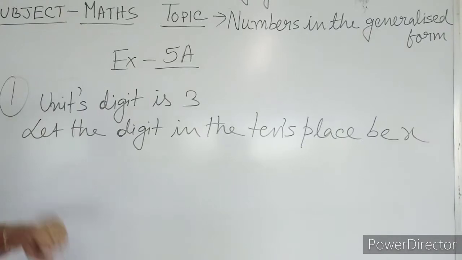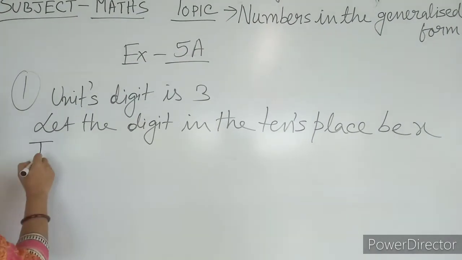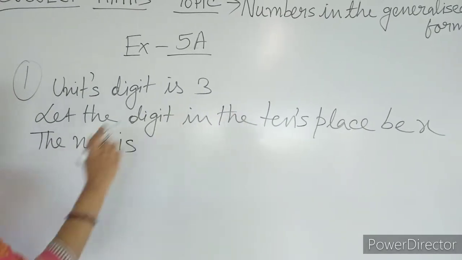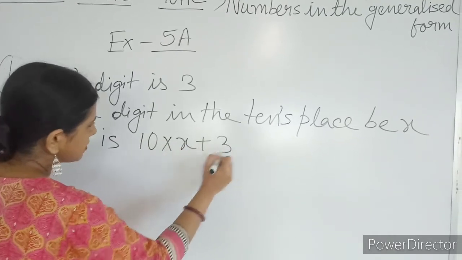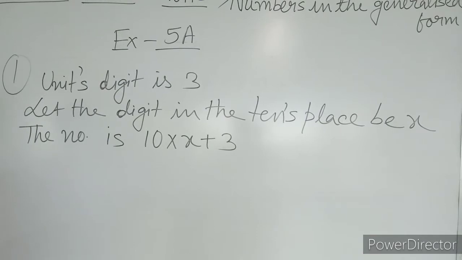Now if these two are the digits in the generalized form, what will be the number? The tens place is x, so 10 into x, and the units place is 3, that is 10x plus 3. This is my number.